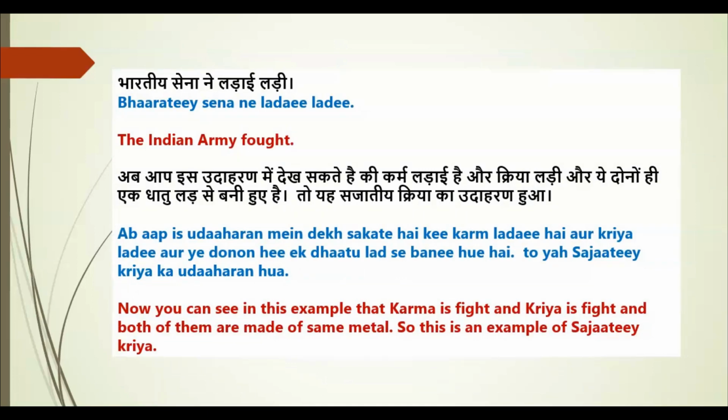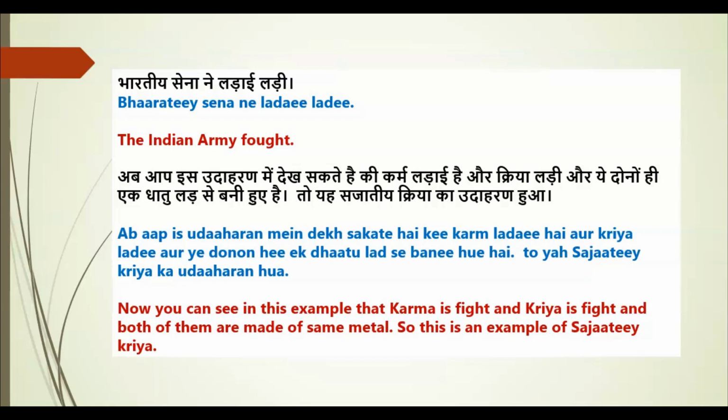Now for the example, भारतीय सेना ने लड़ाई लड़ी. It means the Indian Army fought. Now let's understand this example. अब आप इस उदाहरण में देख सकते हैं कि कर्म लड़ाई है और क्रिया लड़ी और ये दोनों ही एक धातु लड़ से बने हुए हैं तो यह सजातीय क्रिया का उदाहरण हुआ.